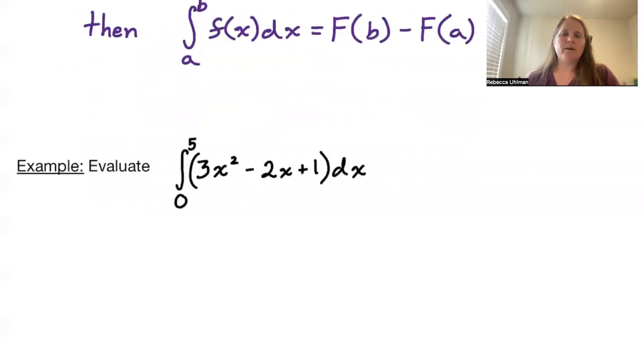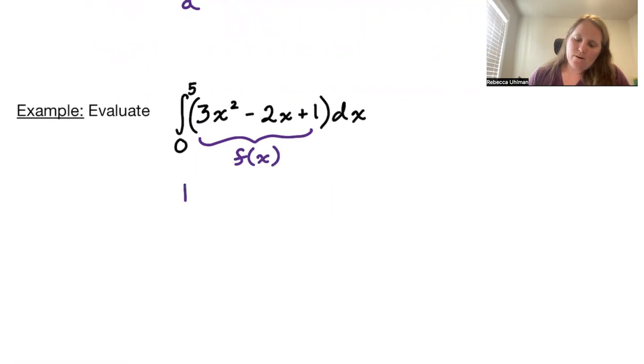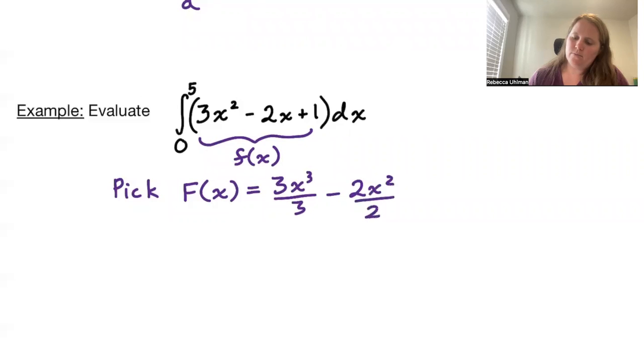So for example, let's go ahead and evaluate the definite integral from 0 to 5 of 3x squared minus 2x plus 1 dx. So in this case, this 3x squared minus 2x plus 1 is our lowercase f of x. Our capital F of x, we can go ahead and pick to be 3x cubed over 3 minus 2x squared over 2 plus x, and then we have our plus c.